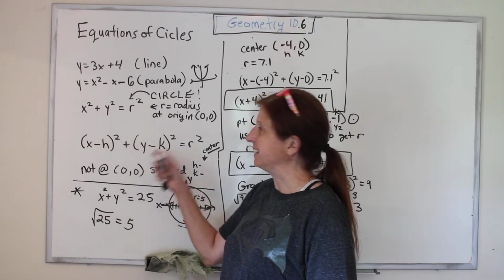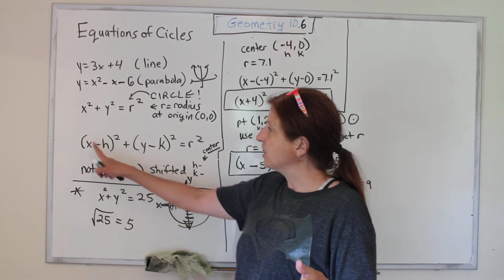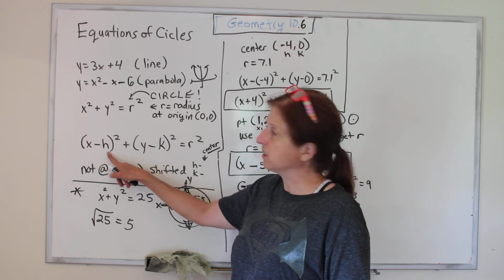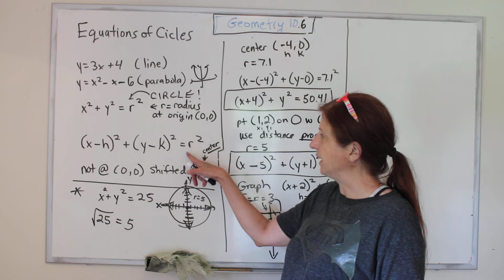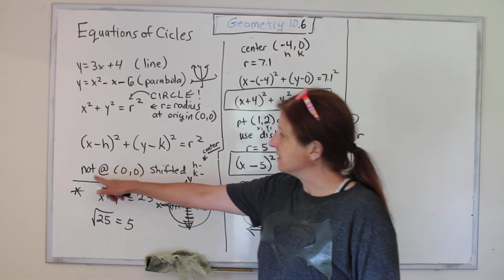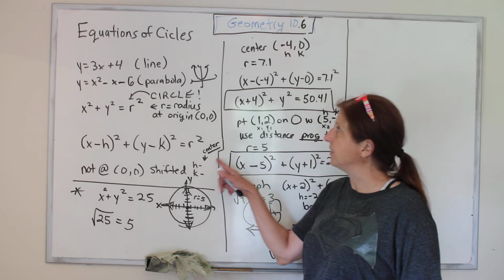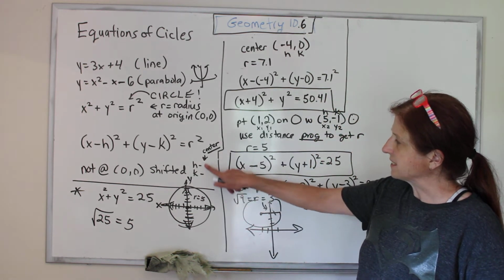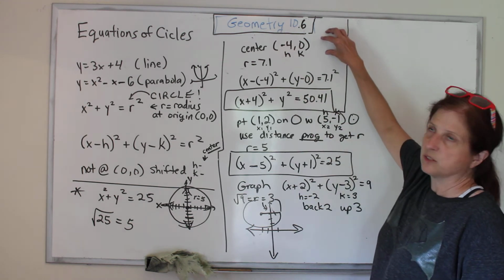And that's why they put negative signs there instead of positive, so you'll remember that. So it's x minus the horizontal shift squared plus y minus the vertical shift squared equals the radius squared. It's not at 0, 0, it's shifted horizontally and vertically off of the center, the opposite sign, and that's why those negatives are there.